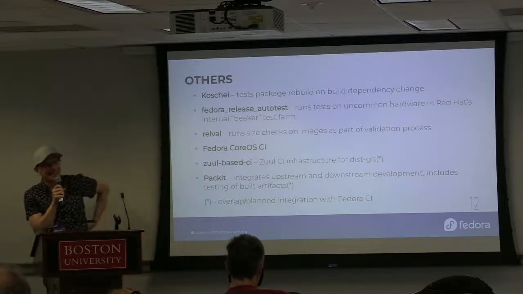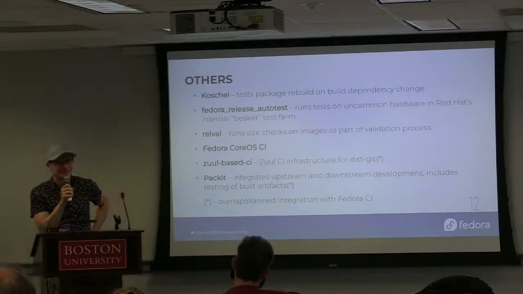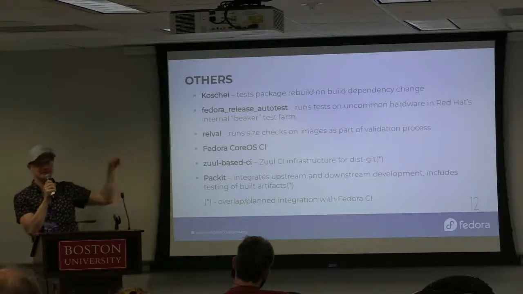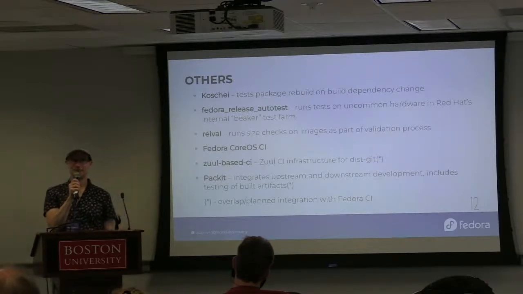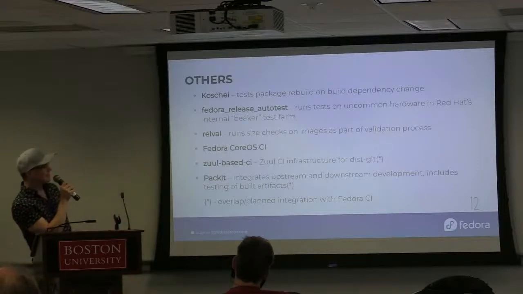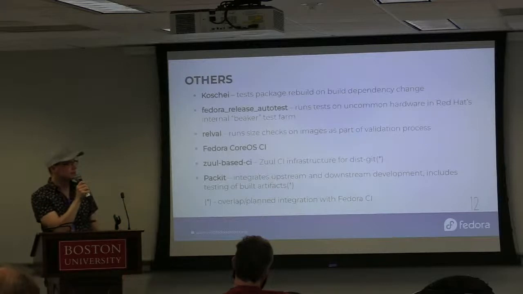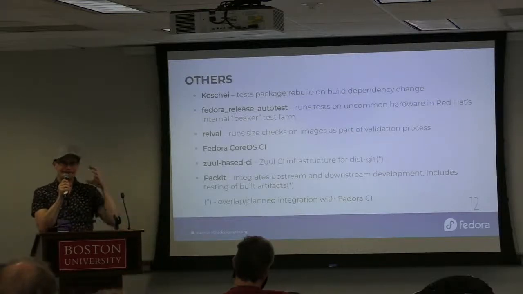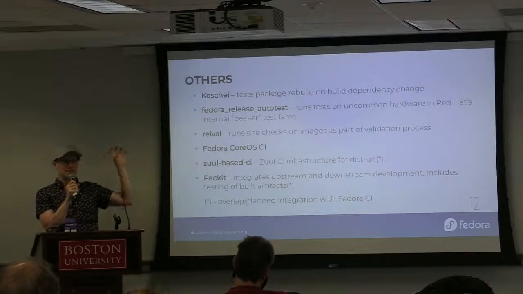So what we do have at Red Hat is we have this internal thing called Beaker, which is basically a big hardware farm, which has all of these crazy technologies in it. It's kind of an old thing, but it's useful if you need to do this. So my colleague Lily, who is on our team, and she's great, she wrote this thing called Fedora Release Auto Test, which does similar to OpenQA.